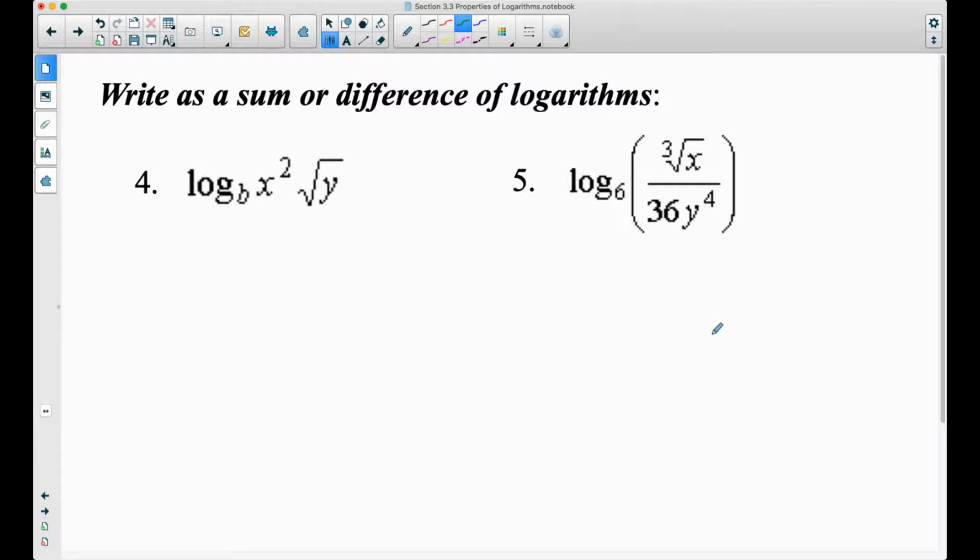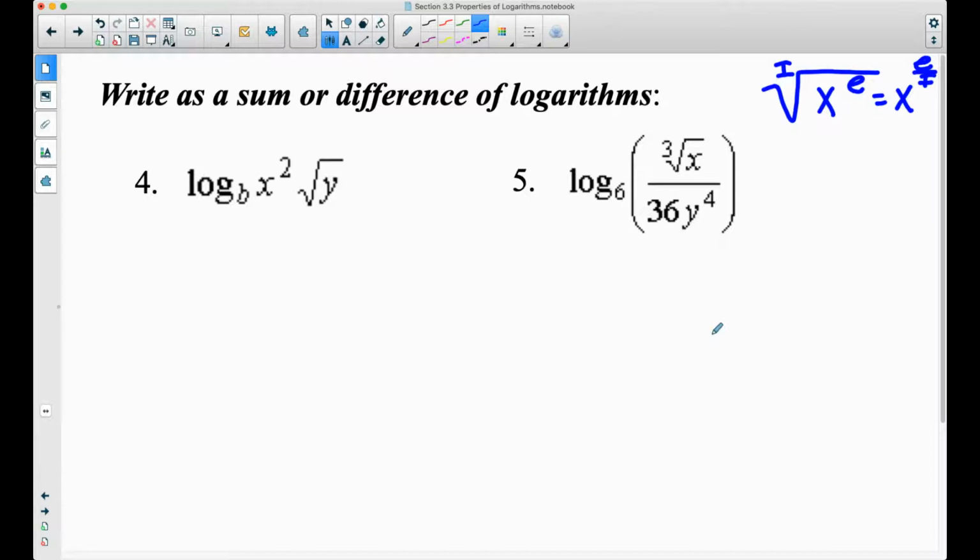All right. So what is the big operation that's happening there? Between x squared and the square root of y, being multiplied. Now, every single time y'all need to change the radicals into rational exponents.